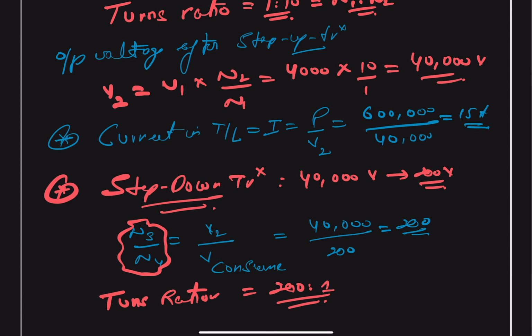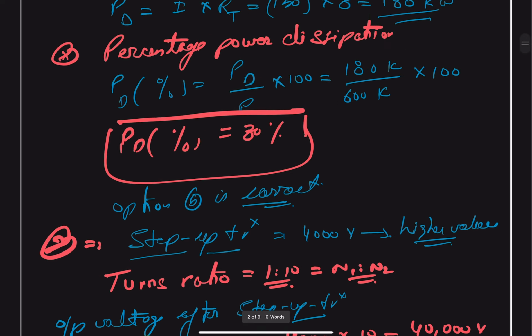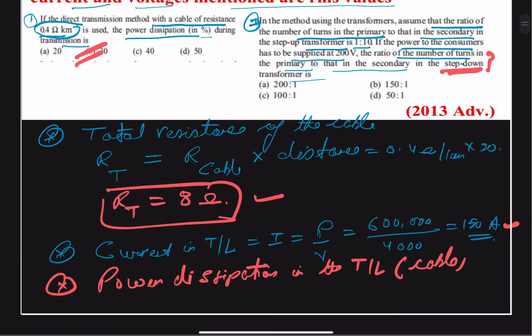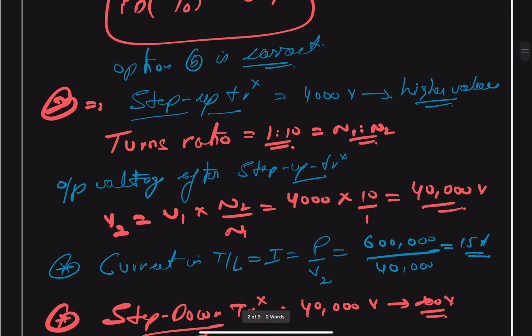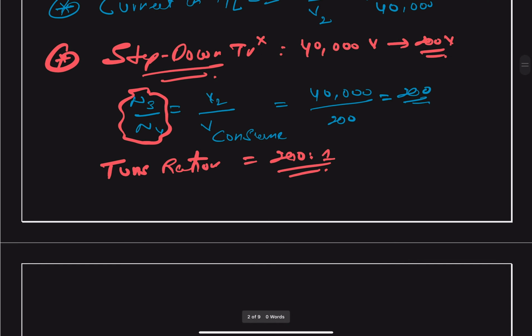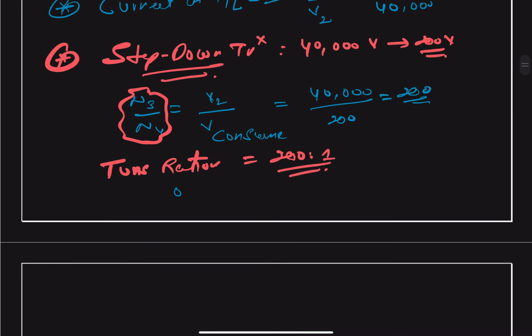Otherwise, sometimes it is also written as N1 by N2, N2 by N1. So the turn ratio comes as 200 is to 1. So option number A is the correct option. Option A is correct.